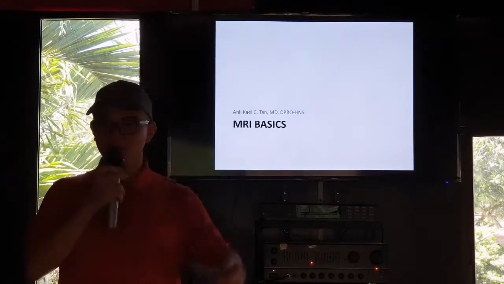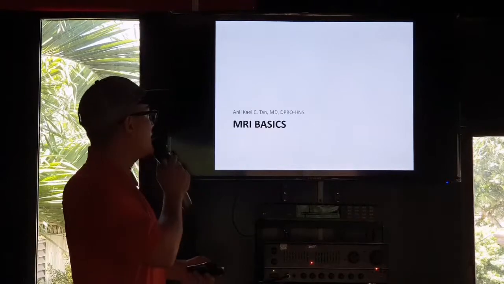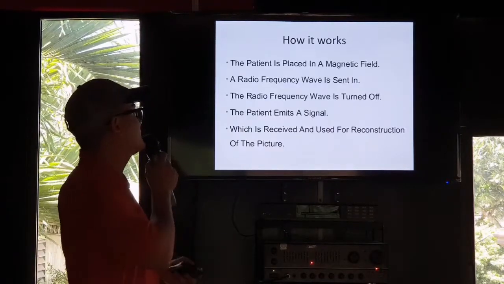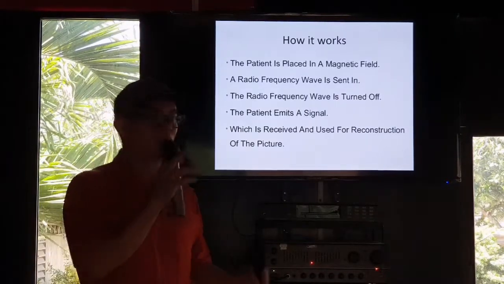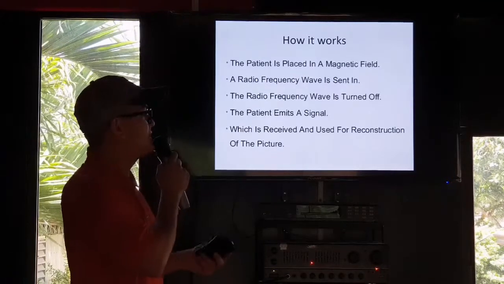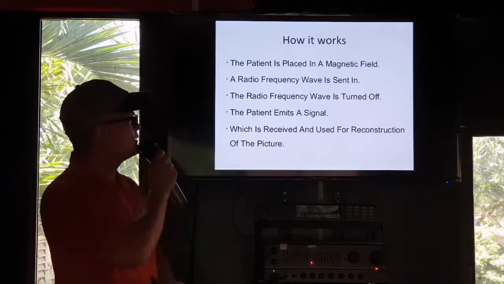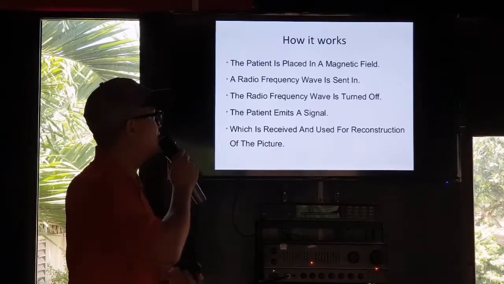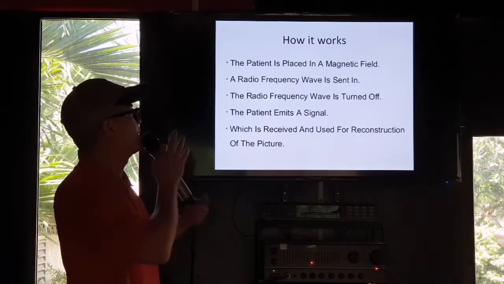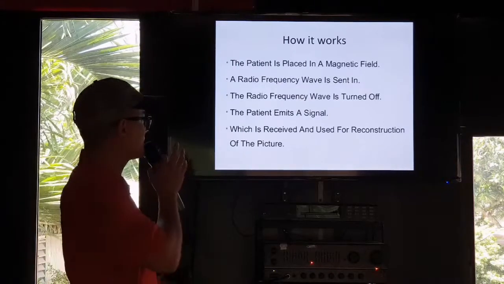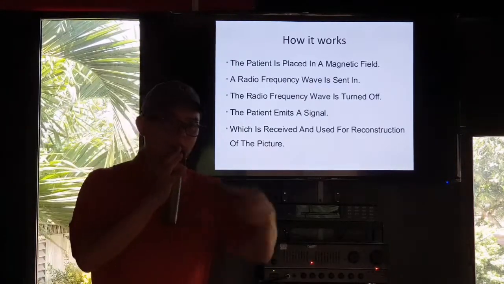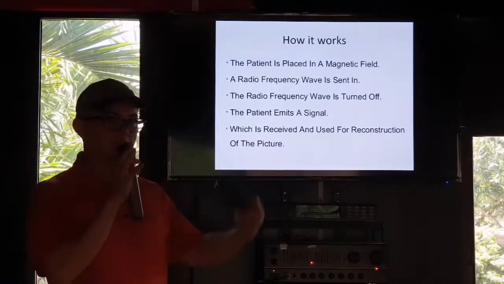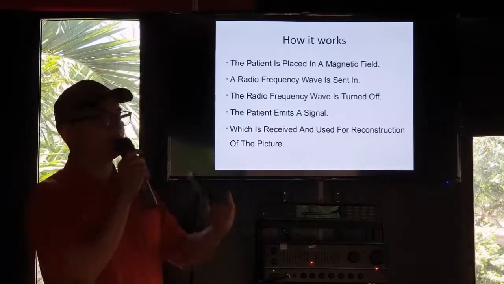Okay, so now let's move on to MRI. The basics of an MRI. Of course, this is how it works. The patient is placed inside a magnetic field, then radio frequencies are sent in.